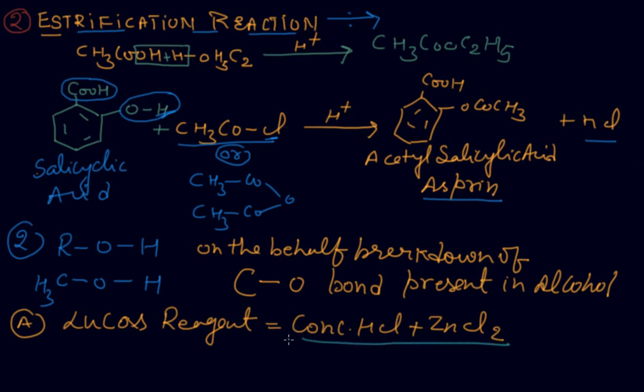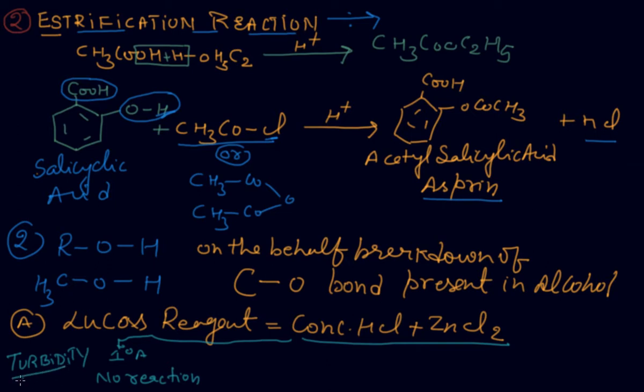If Lucas reagent reacts with a primary alcohol, that is a 1 degree alcohol, there is no reaction, or if the reaction takes place, it will give turbidity in 1 hour. The main identification is the turbidity.